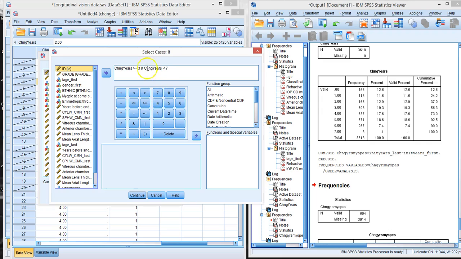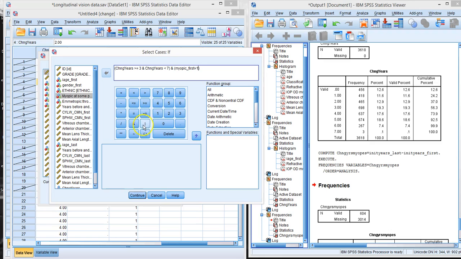So how would we do that? Well, we have to keep this in here. So we're going to put this little expression within parentheses. Then we're going to add an and. And our objective is to only look at emmetropes or myopes. So we're going to have a pair of parentheses again, and in the center we're going to say myopic at some point equals 1.